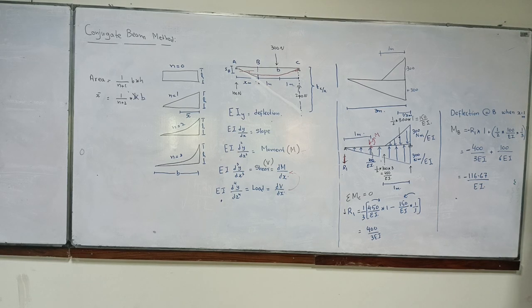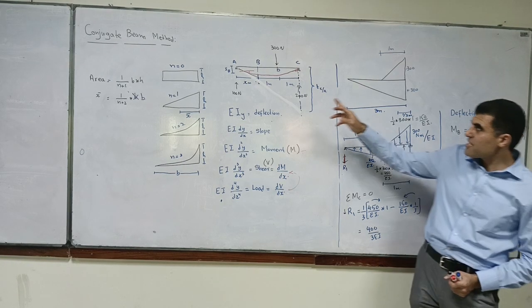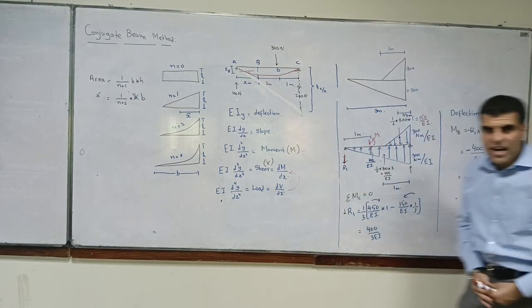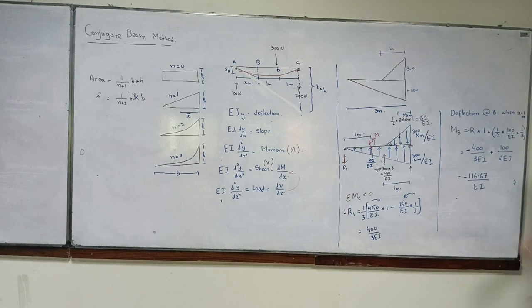What is the direction of deflection? Under this load, deflection should be in this direction. Yes, sorry? So the deflection would be in the opposite direction of that of the load. No. This is the same direction, but what is the logic?